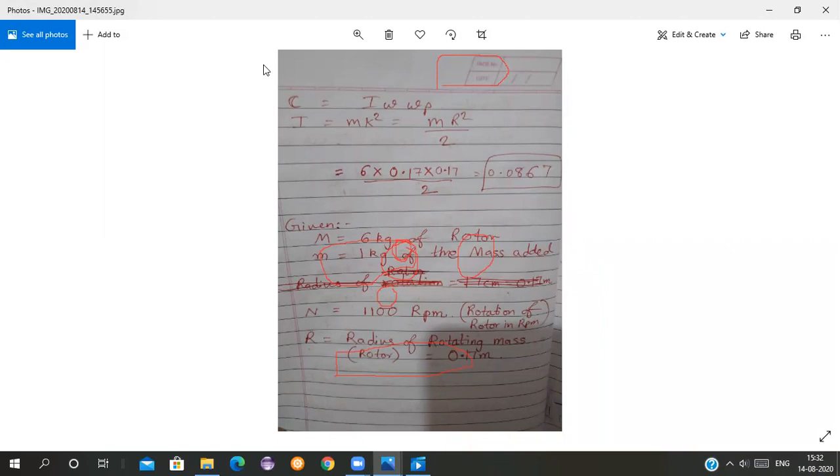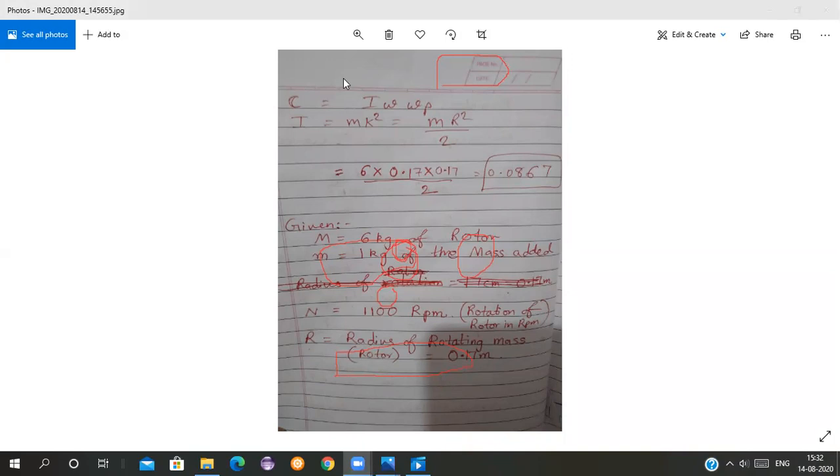What are you getting, students? I think some of you have solved and got the values. 0.1047, Kunal, yes, right.